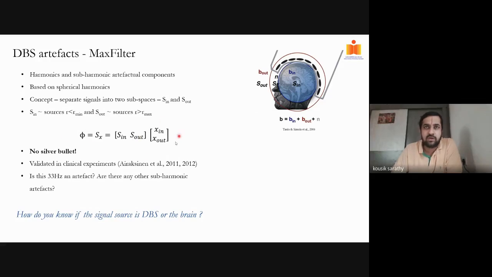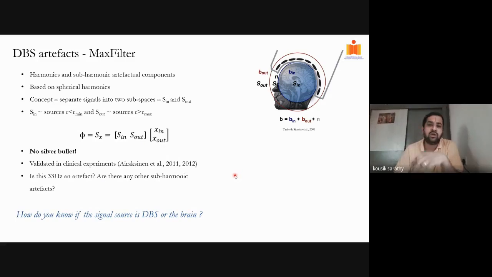I will not go into the whole of the specifics because I have a lot of results to show. But typically, you want to separate out the components that arise within the head from the component that arises outside the head. This has been fairly well validated through several experiments, but this is not a silver bullet.